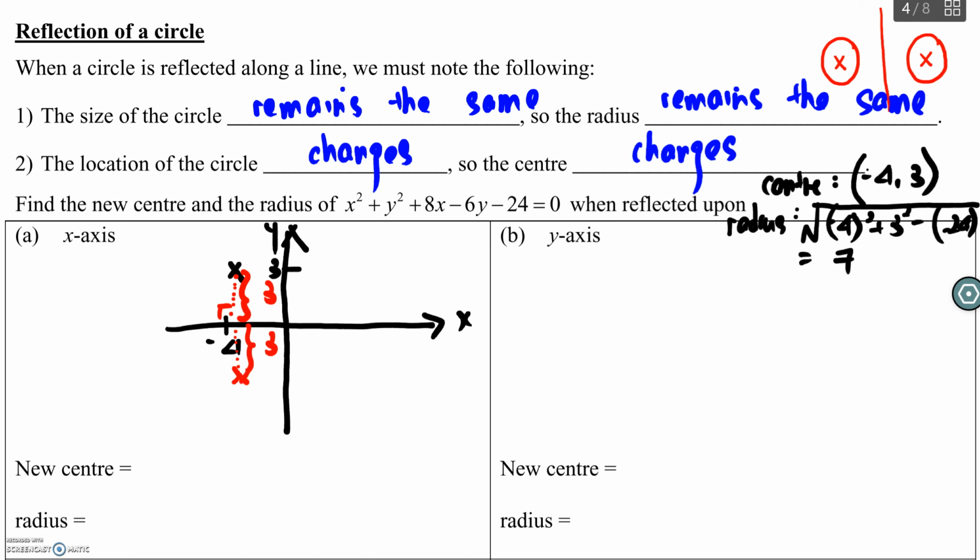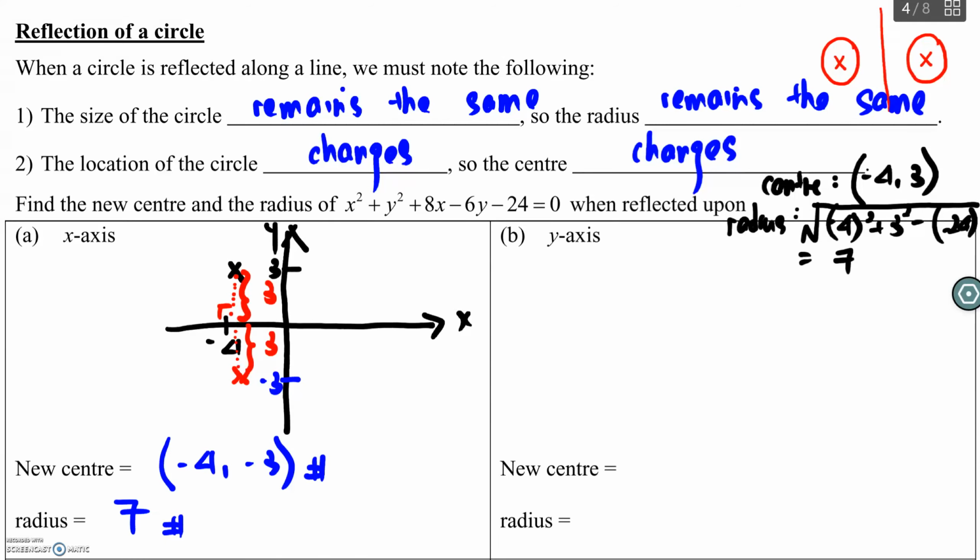This is our new center. But we will need to indicate the new coordinates of the center. In this case, you can clearly see that the x coordinate is the same, but the y coordinate has changed to -3. Since the radius remains the same, it will still continue to be 7.